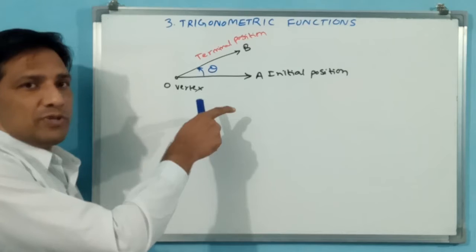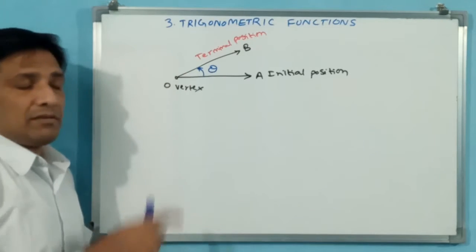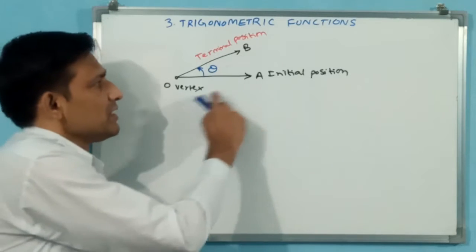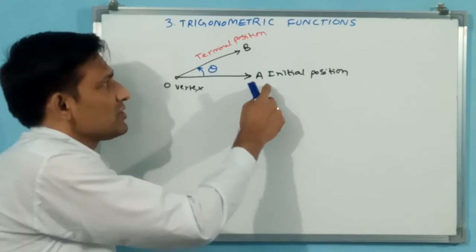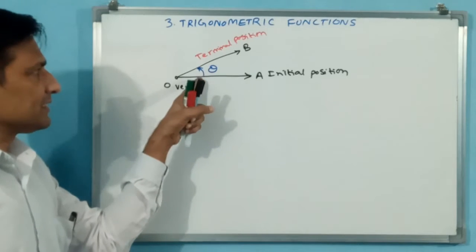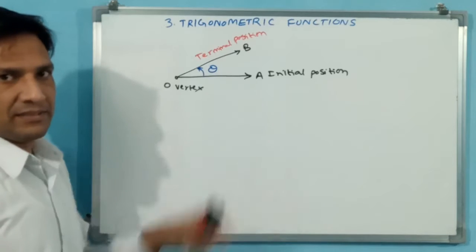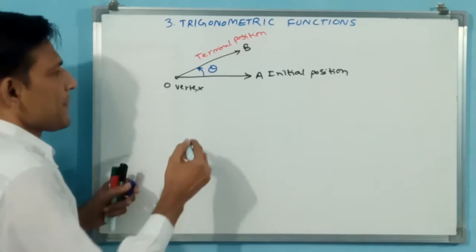The ray OA has been rotated up to OB. Earlier it was in OA position, now it has come to OP position. How much rotation it has done depends on the angle theta.